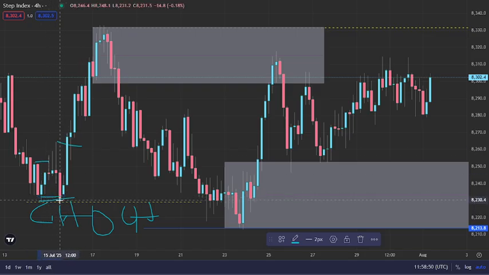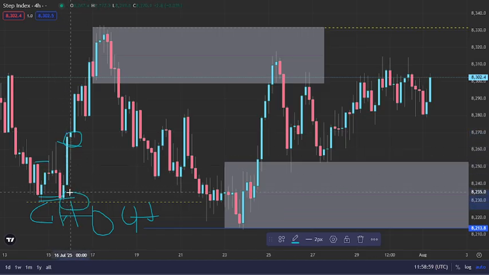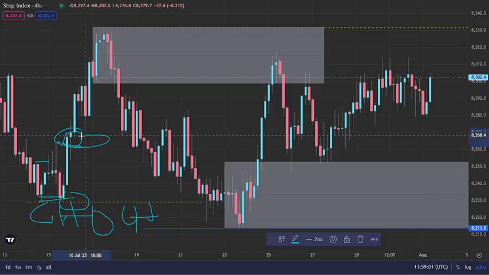Price came to the lows. Price failed to close below this low, and price continued to break the fractal weak high. So here's the fractal strong structure. Here's the fractal weak high. When we get this fractal break of structure here, remember it was bearish.